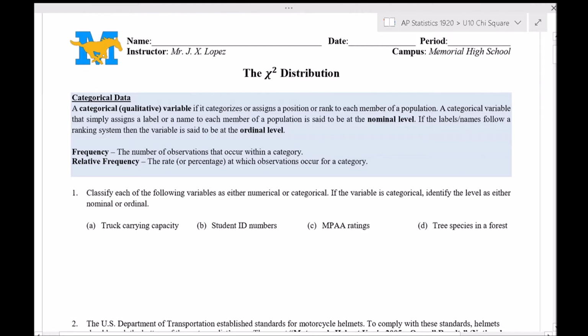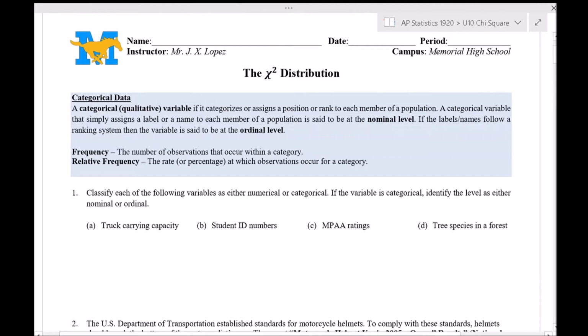A categorical variable is said to be at the nominal level if the only thing we've assigned to a member of a population is a name, a category. So you're in category 1, or category 2, or category 3, or you're this type of population member. It's simply a name, simply a label. These aren't ranked or ordered in any way, shape, or form.